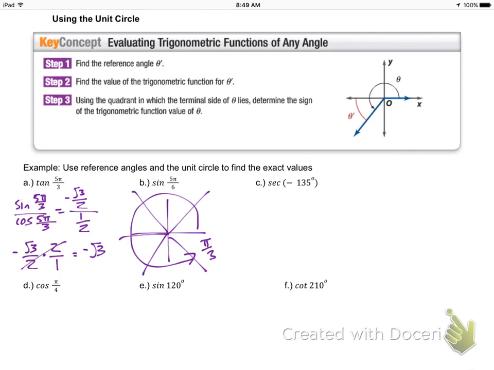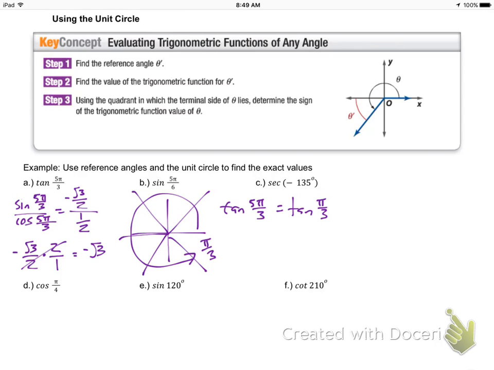So you know what this means? It means that the tangent of 5 pi over 3 is equal to the tangent of pi over 3. Except there's one small issue.